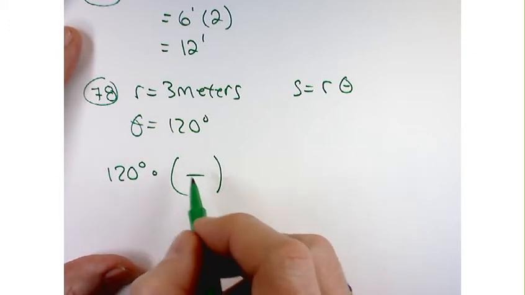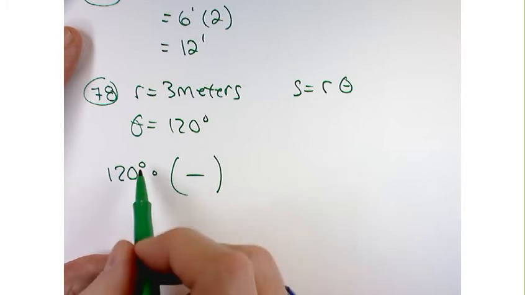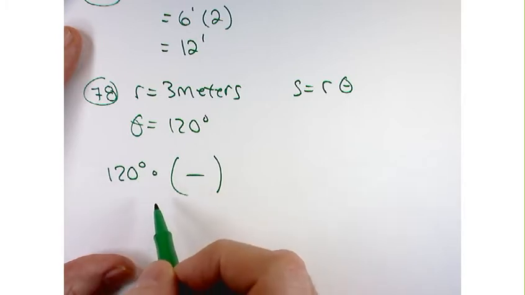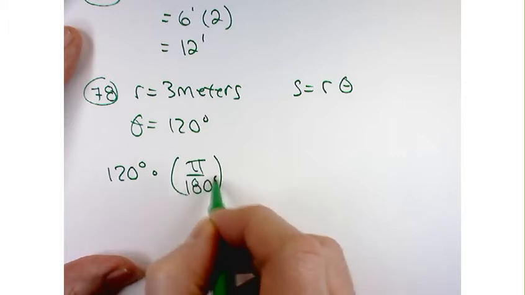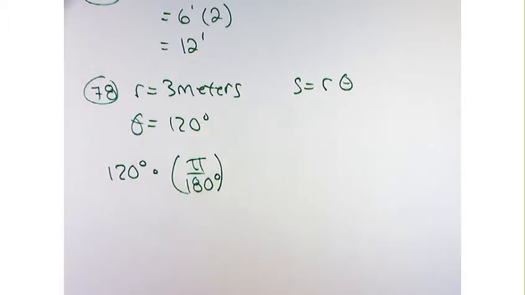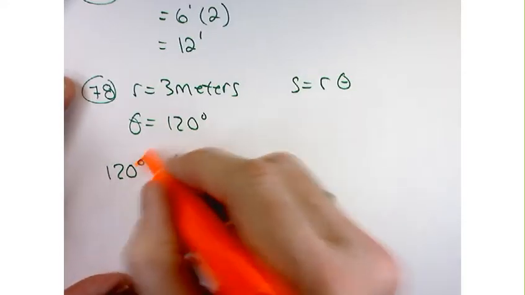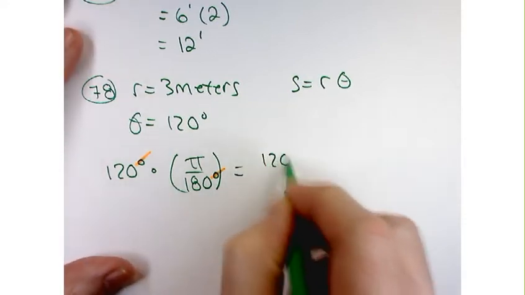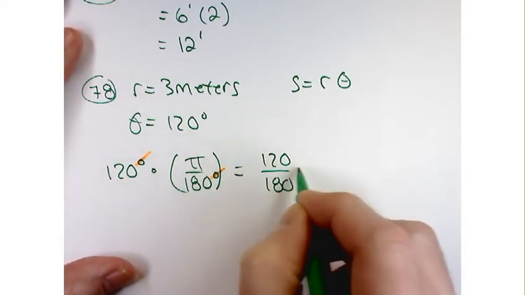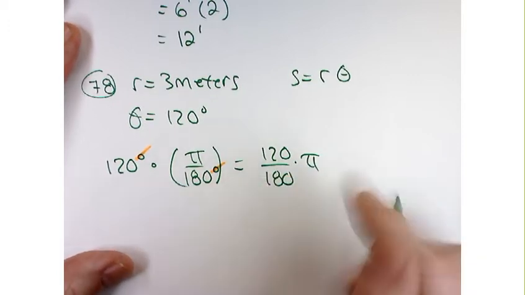Yeah. So the units I want to cancel out are degrees. Perfect, thank you, sir. Pi over 180. And this is exactly what I want because units of degrees will cancel and I'll be left with, let's just do it this way, 120 over 180 times pi, and that reduces to 2/3.